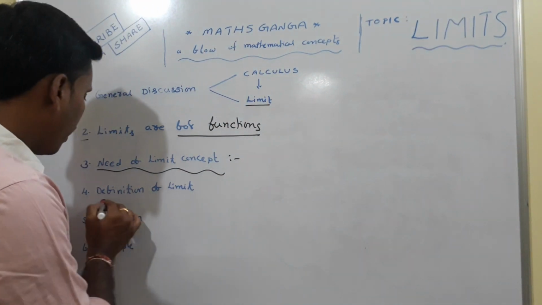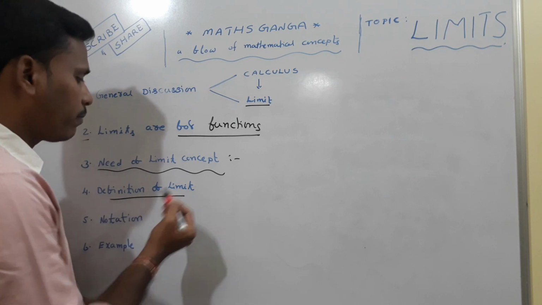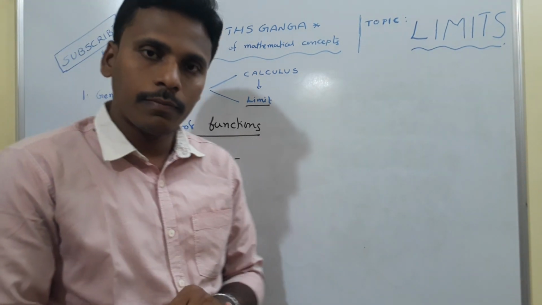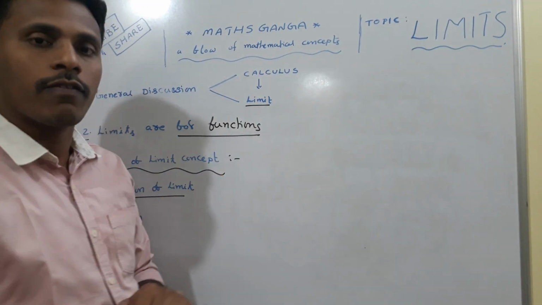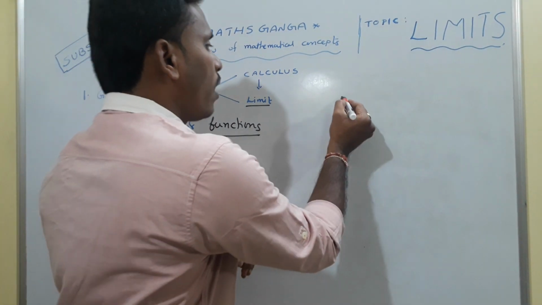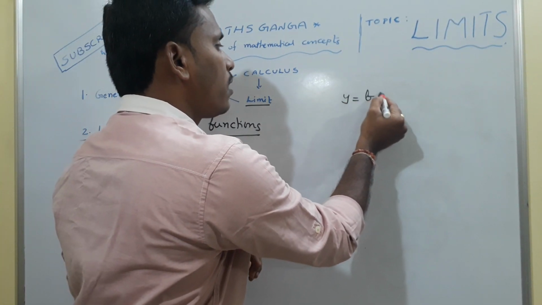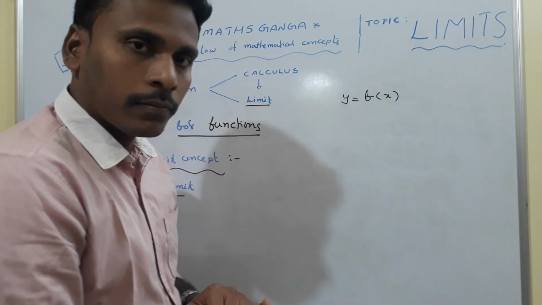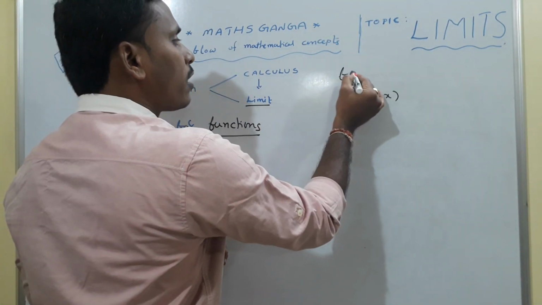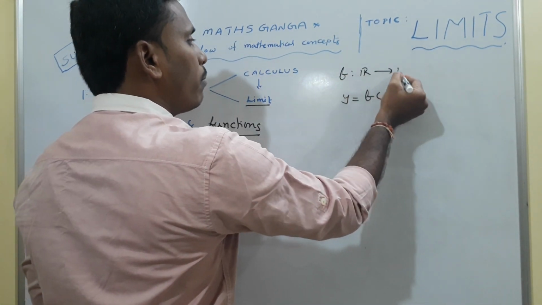Then what is the definition of the limit? Coming to the definition, as we mentioned, limits are for functions. Suppose we have a function y equals f of x, where f is a function from real numbers to real numbers.